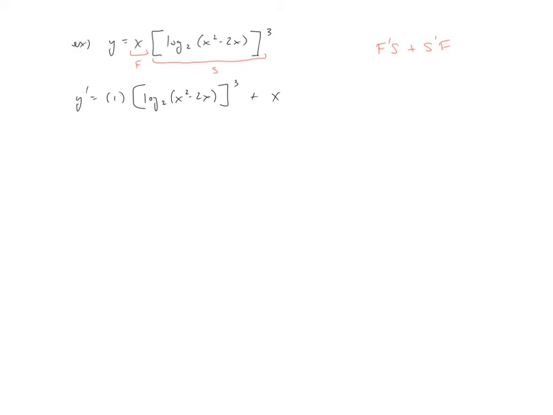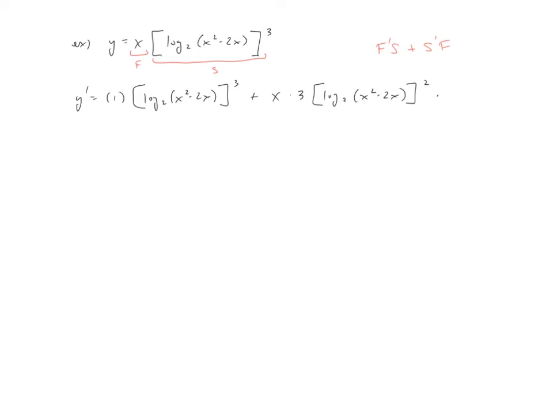So now we'll go ahead and we'll take the derivative there. We'll need to start on the outside. We're going to multiply the 3 down. We're going to keep the inside the same. And we're going to subtract 1. So that's now going to be squared. Back times the derivative of the inside. Well, now we're going to be taking the derivative of a log base 2.